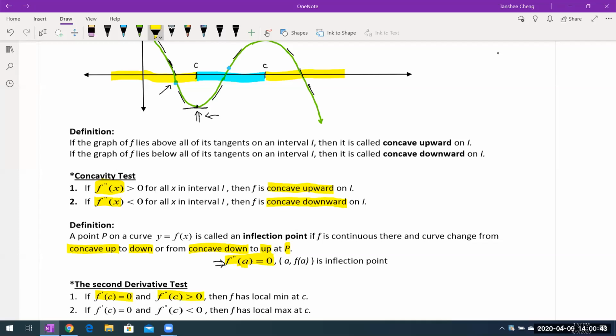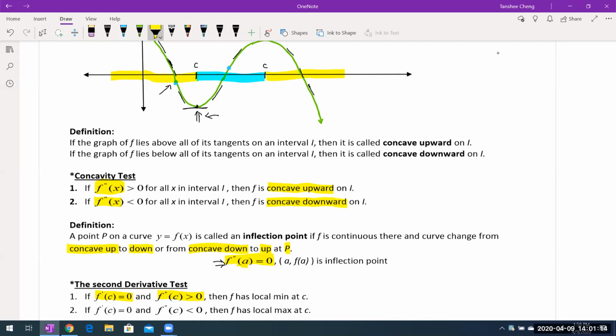You notice that I'm interpreting the mathematical notation into language: f double prime of C is greater than 0 means that at that point the shape of the graph is concave upward. Let me repeat it. f prime of C equal to 0 means here's my critical number, and f double prime of C greater than 0 means at that critical number the graph is concave upward.